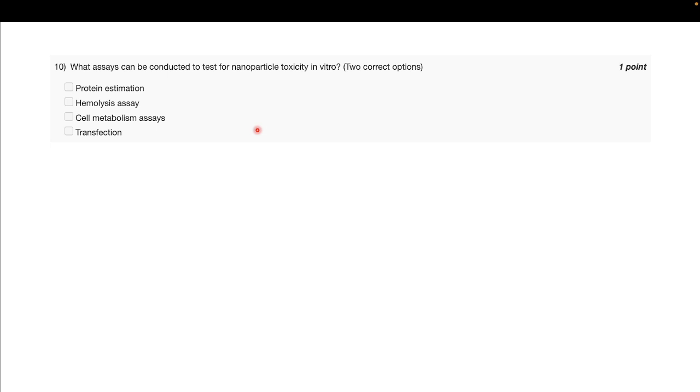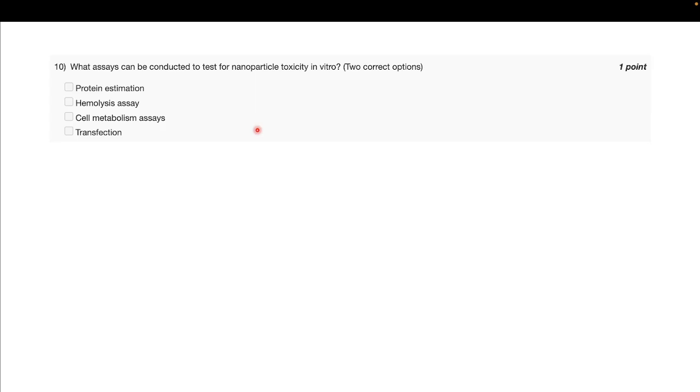Okay. The next question, this is the last question for the assignment. What assays can be conducted to test for nanoparticle toxicity in vitro? And we have to select two options. Transcription.